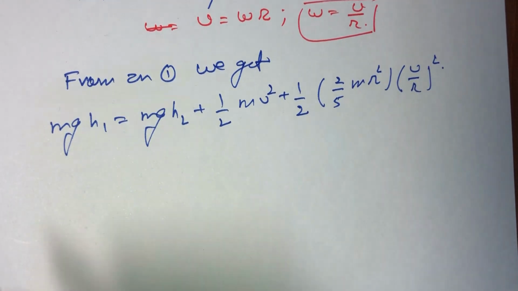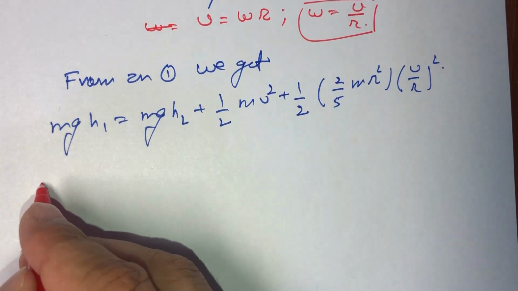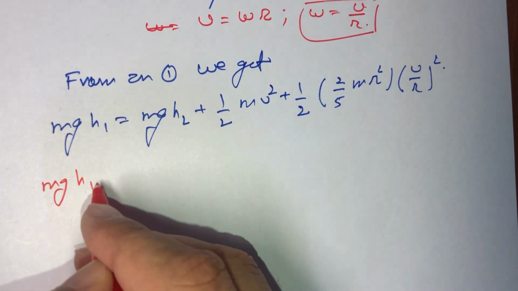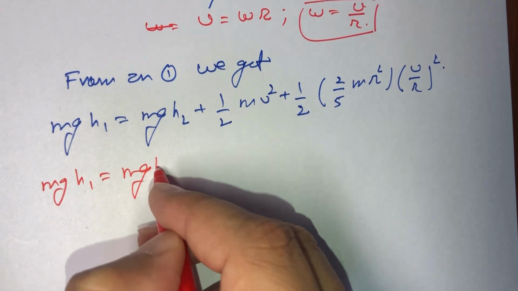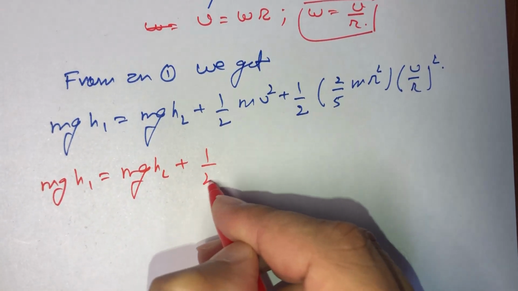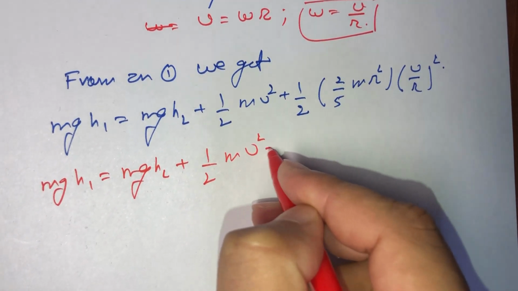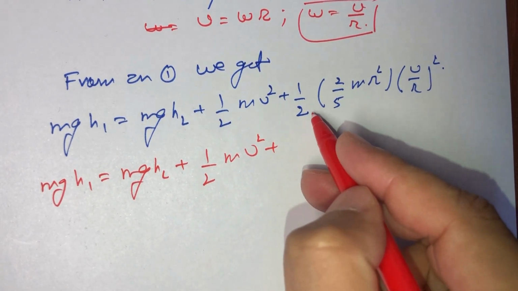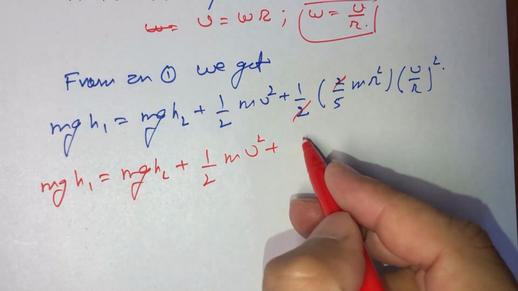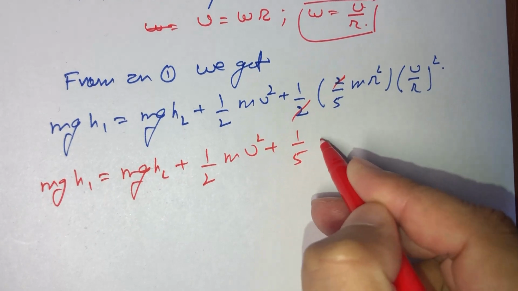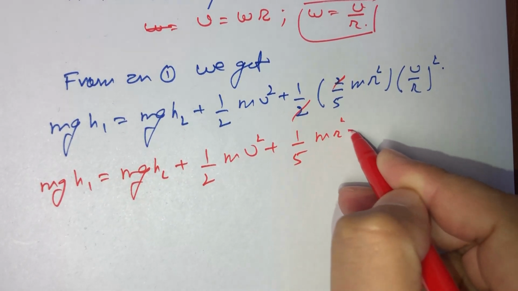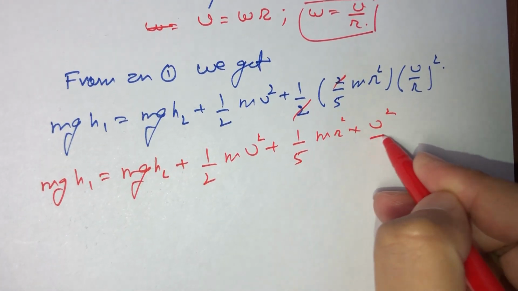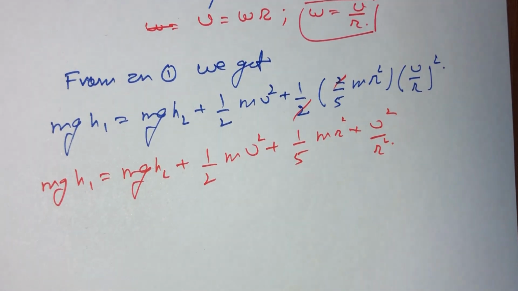Simplifying further, 2 cancels with 2, so we are left with 1 by 5 m r square times v square upon r square.